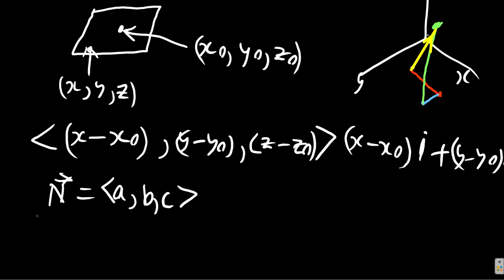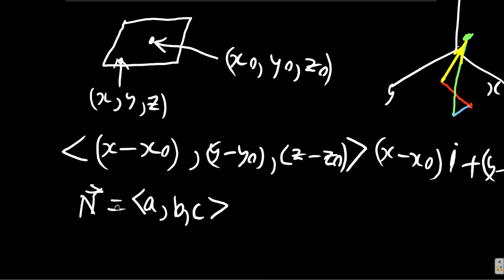Now we know that the dot product of these two vectors is 0. Alright?